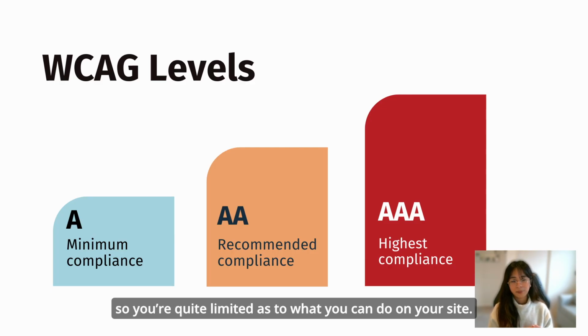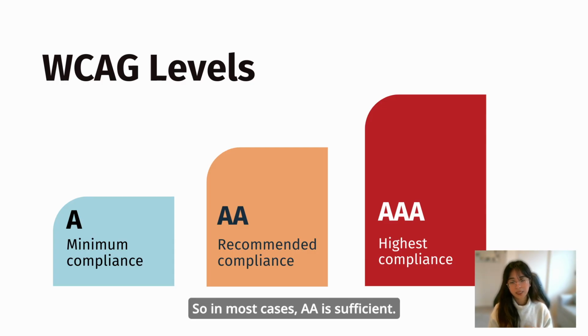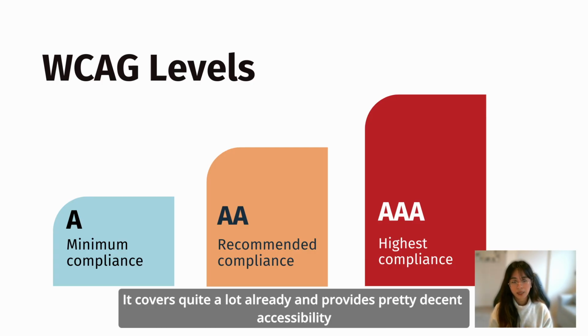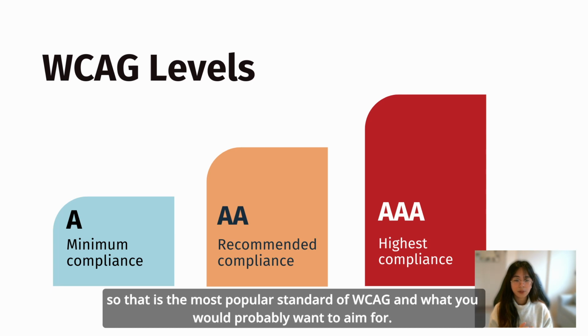So you're quite limited as to what you can do on your site. So in most cases, AA is sufficient. It covers quite a lot already and provides pretty decent accessibility. So that is the most popular standard of WCAG and what you would probably want to aim for.